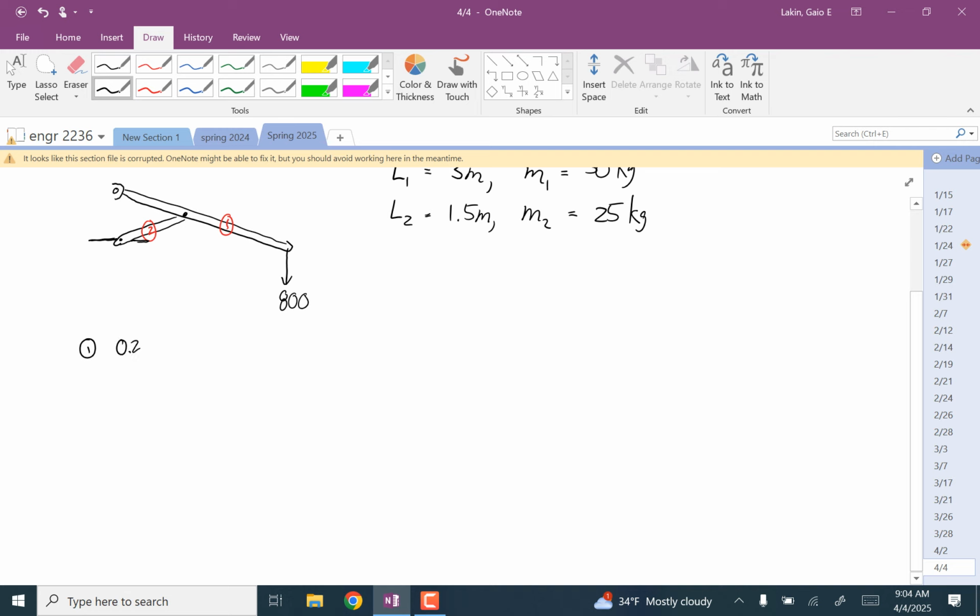So 0.26 F12x plus 1.477 F12y minus 150 alpha 1 is equal to 3087.67.